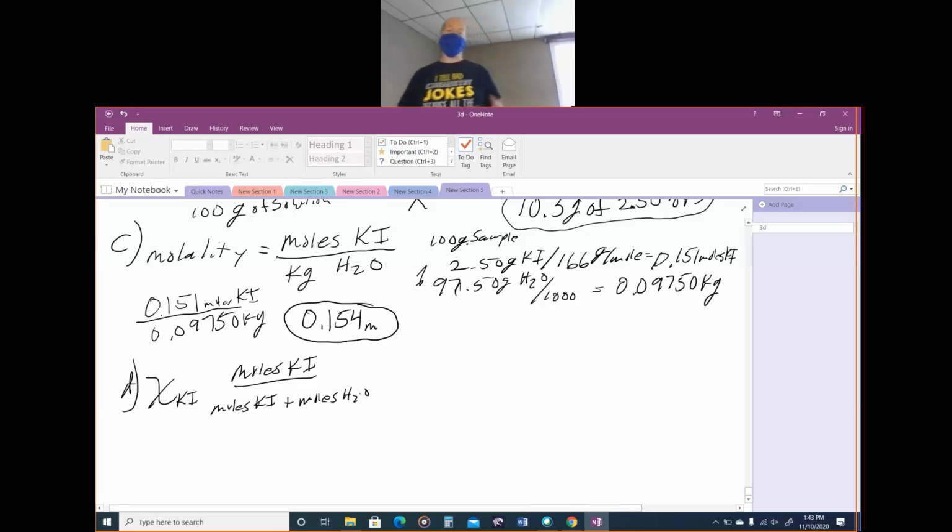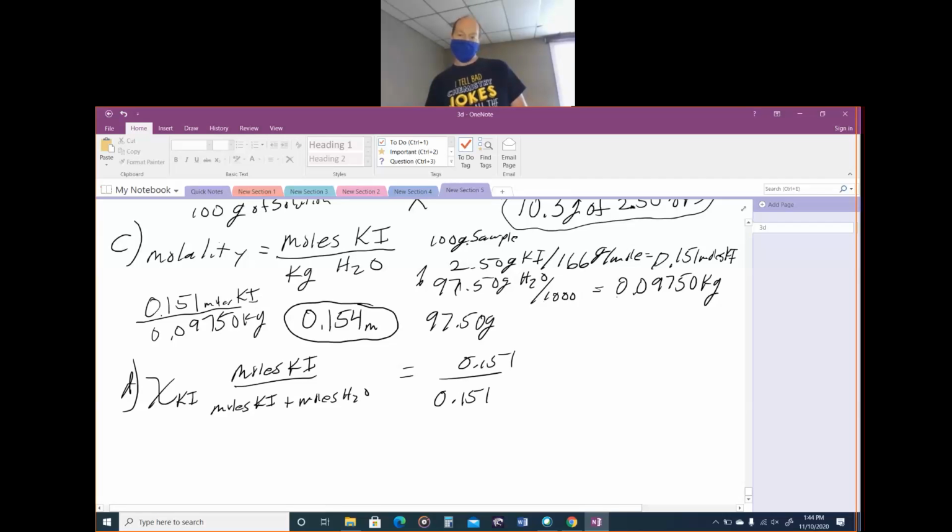All right, so it's a mole fraction. Moles of the KI divided by the moles of the solution, which is the solute KI and the solvent H2O. We already have the moles of KI. We calculated it right above here, 0.151. We didn't convert our 97.50 grams of water into moles.